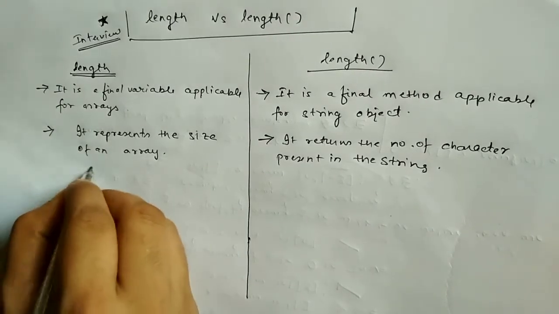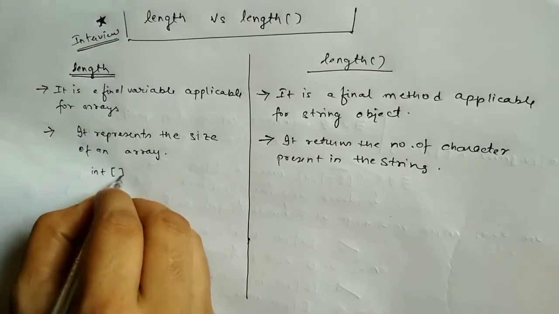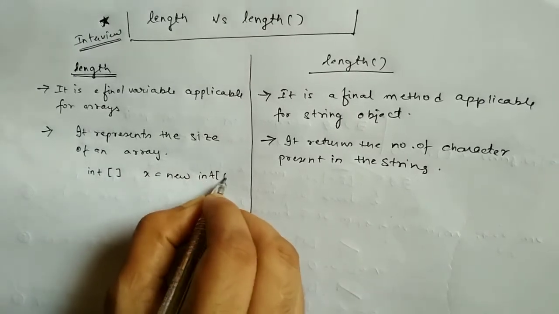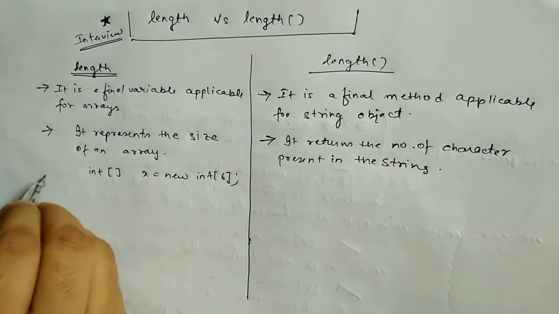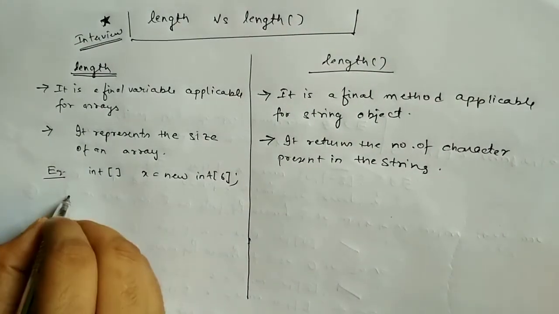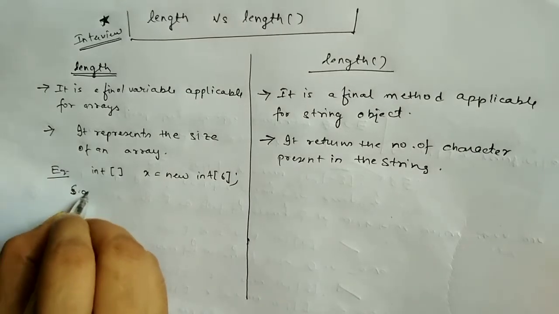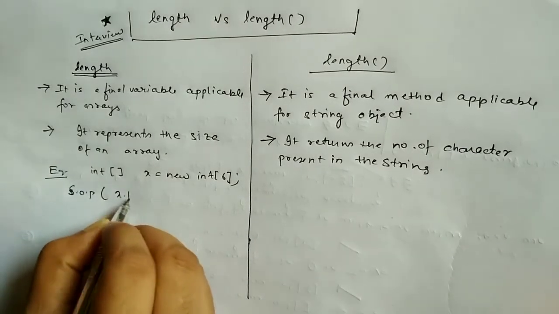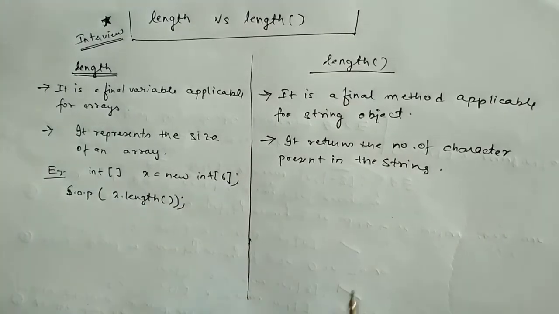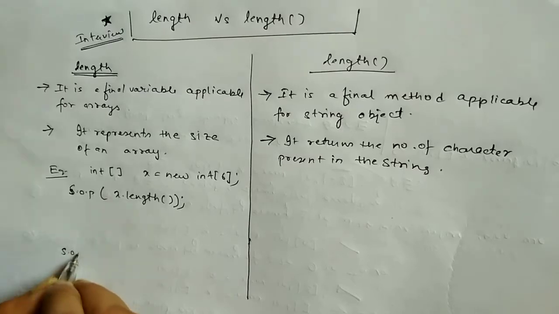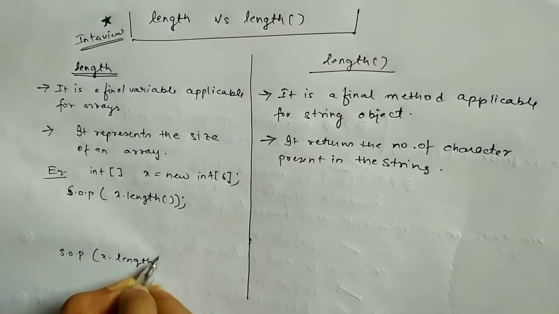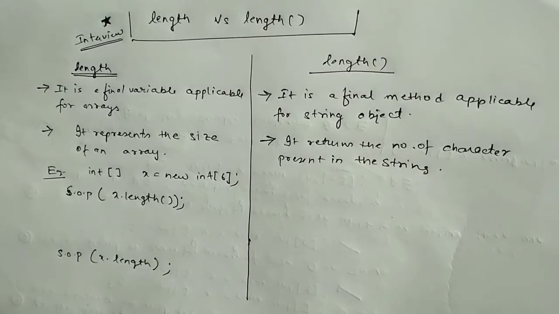Suppose now we will take an example which will clarify more. Suppose we create an array, int[] x = new int[6]. Now if we write System.out.println(x.length()), what will be the output? And if we write System.out.println(x.length), what will be the output?